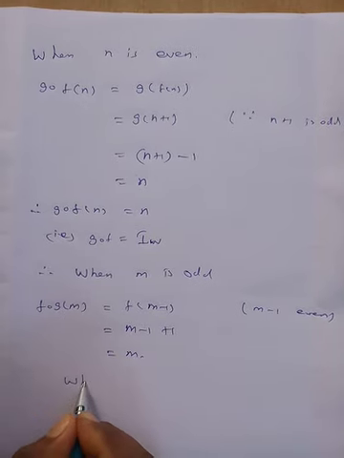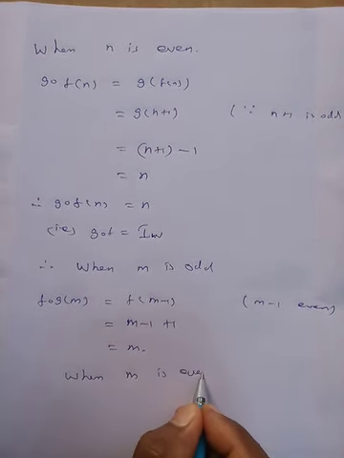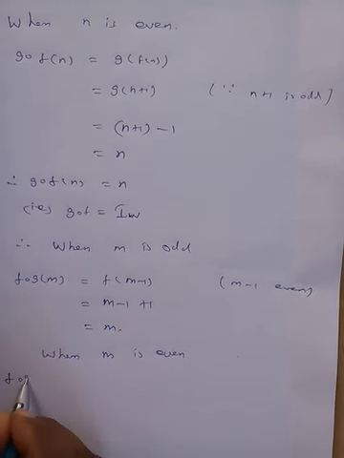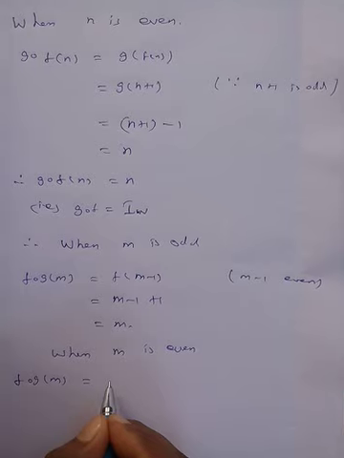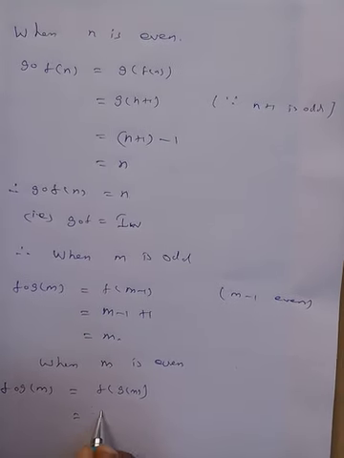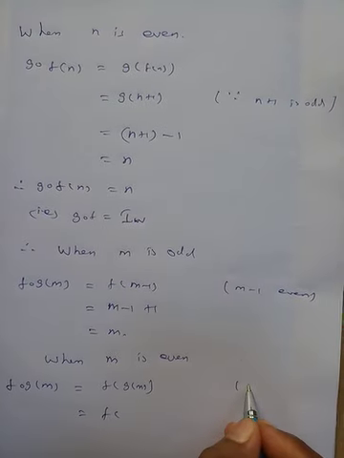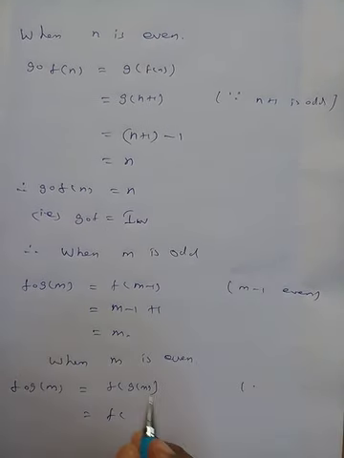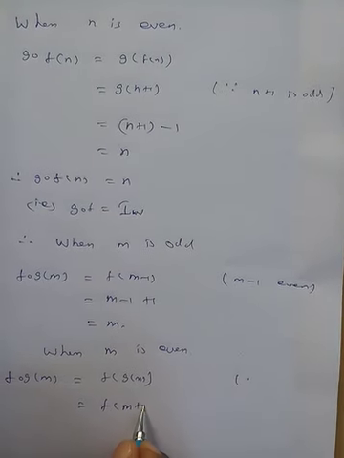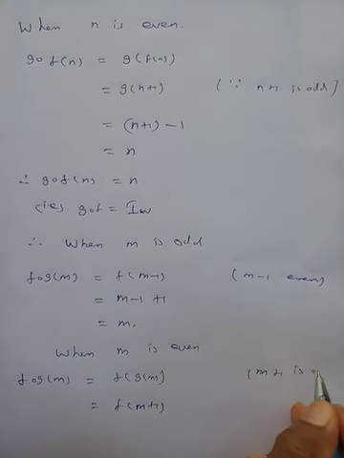Then when m is even, f composition g of m equals f of g(m). Here m is given, then g(m) is equal to m plus 1. So m plus 1 is odd.